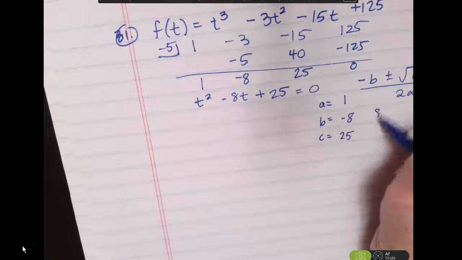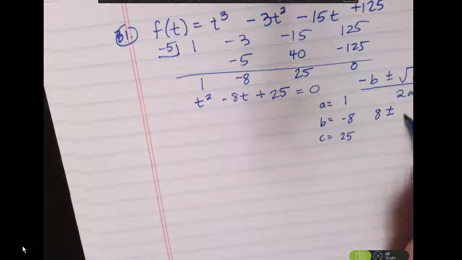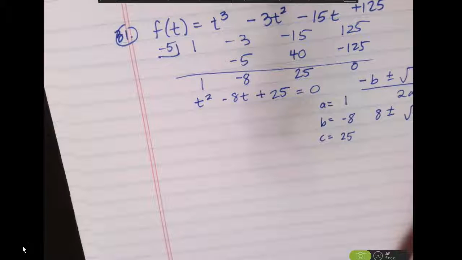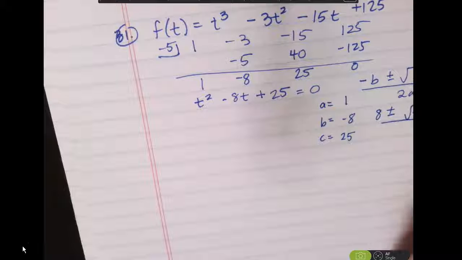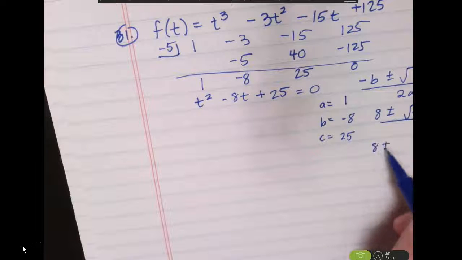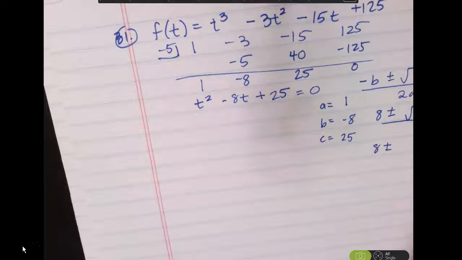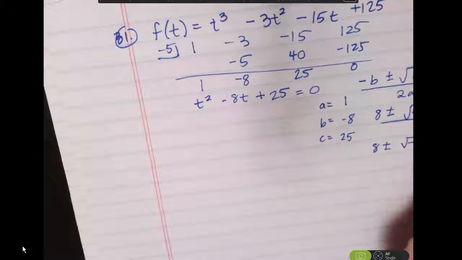So now I'm going to plug things in. 8 plus or minus, b squared is 64 minus 4 times 25 times a, all over 2. So that's 8 plus or minus, now that's 64 minus 100, so that's square root of -36. So see, this is where your imaginary roots come in.